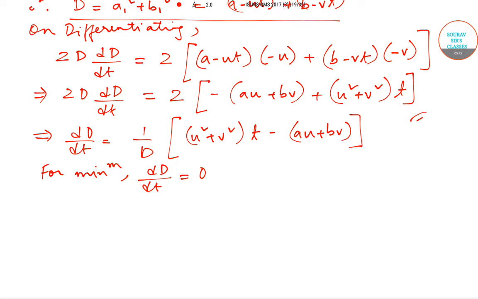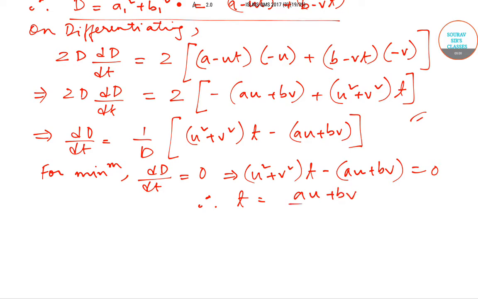We always know that distance will be always positive in any case, so that implies that u square plus v square into t minus au plus bv is equal to 0. This implies that t is equal to au plus bv by u square plus v square, and this is the option C. Now let's move on to the next question.